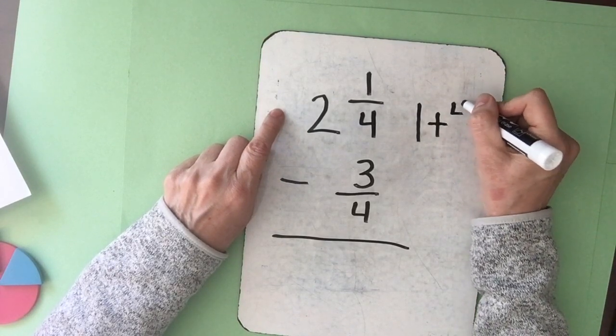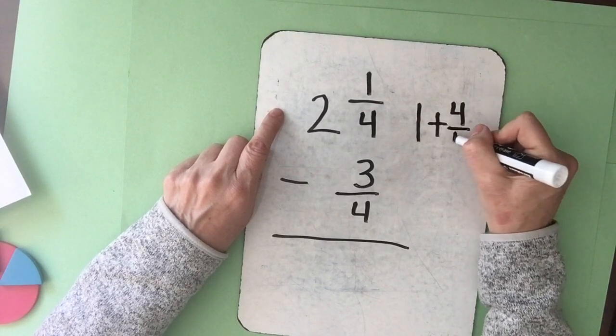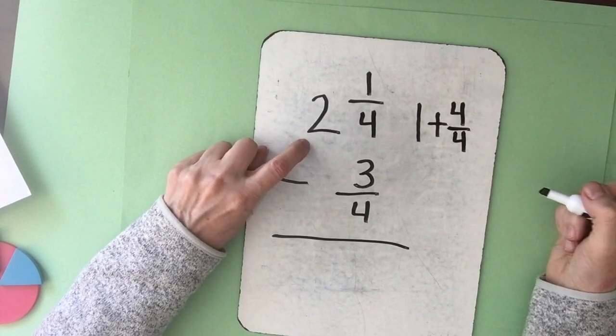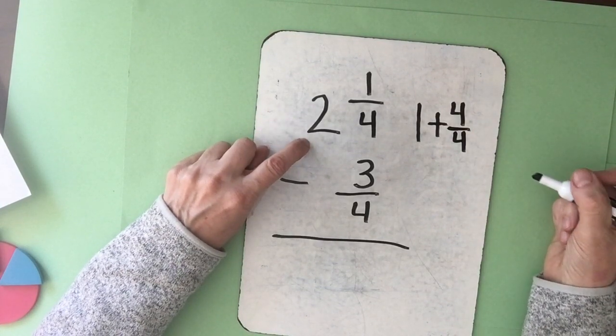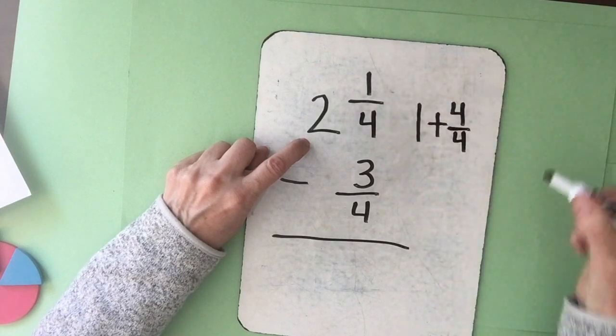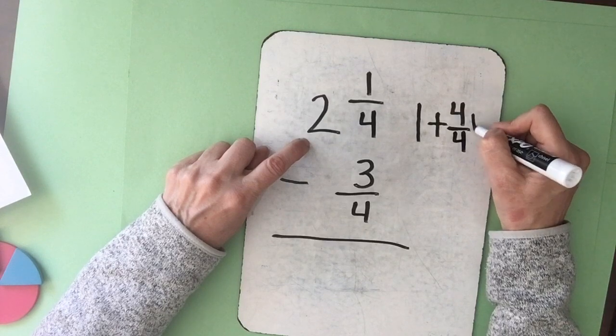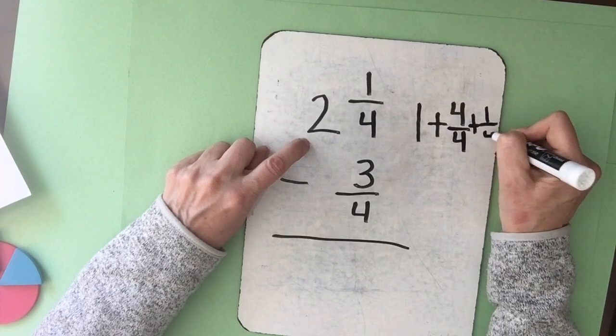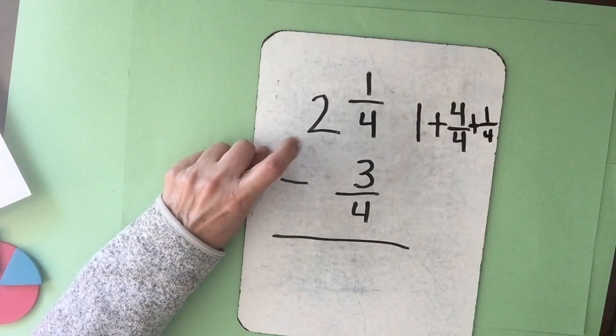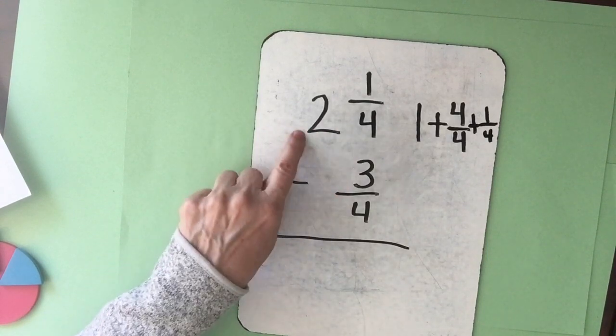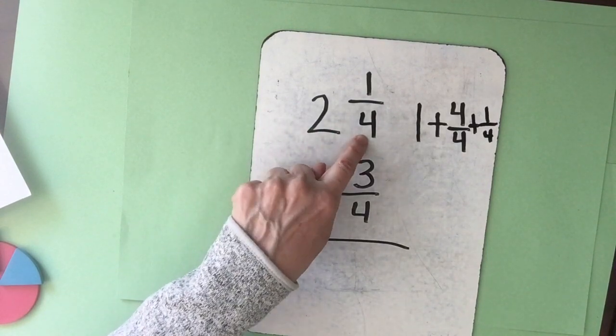So I'm going to do this: 1 plus 4/4 equals 2. I'm then going to add this fourth because I need to account for that fourth. So I'm going to add 1/4 there, and I'm now going to rename this as 1 5/4.